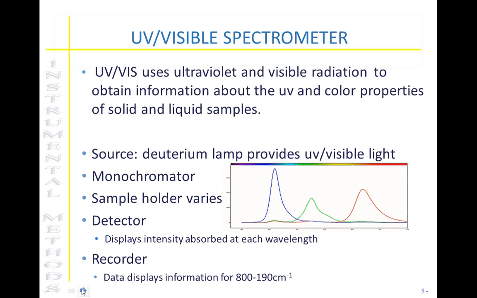A monochromator is also used to separate the wavelengths. Your sample holders can vary depending on if it's a liquid or a solid sample, but the detector is going to always display the intensity absorbed at each wavelength. So you will get data very similar to what is shown on this slide.